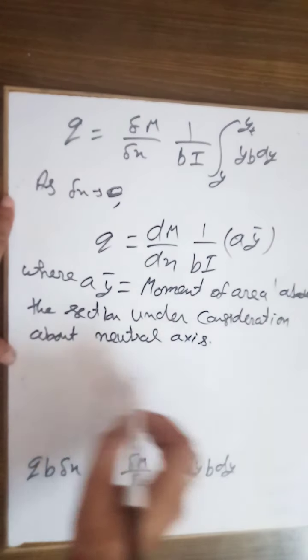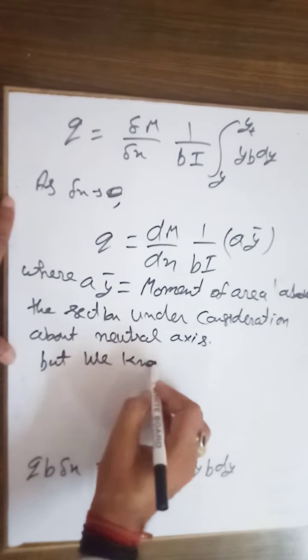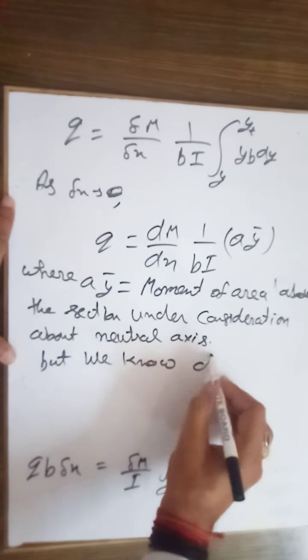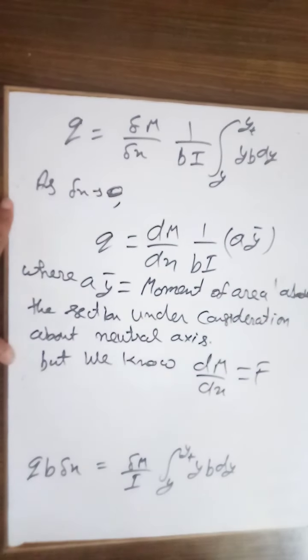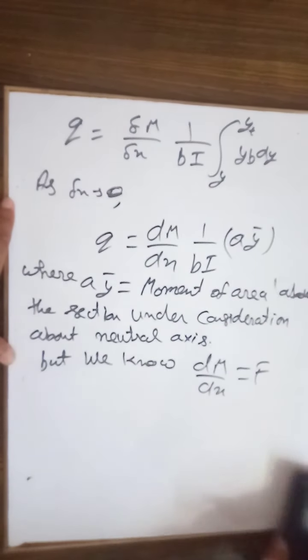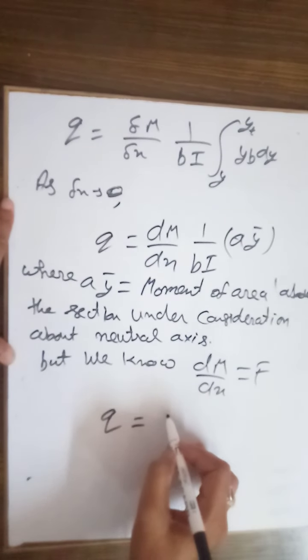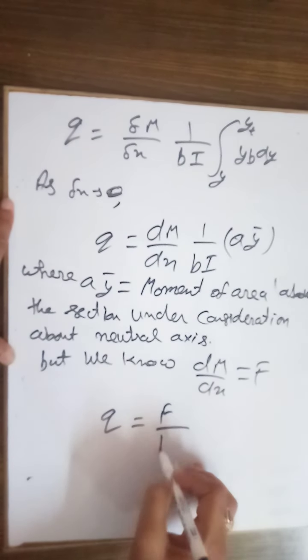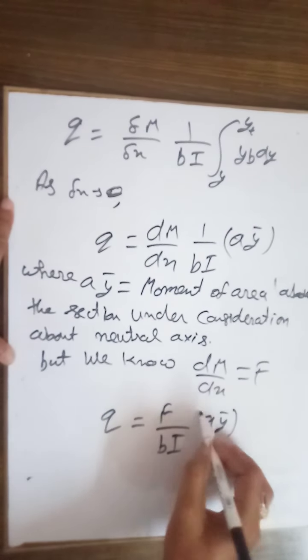But we know that dM by dx is F, so finally we can write Q equals F upon B I, A y bar.